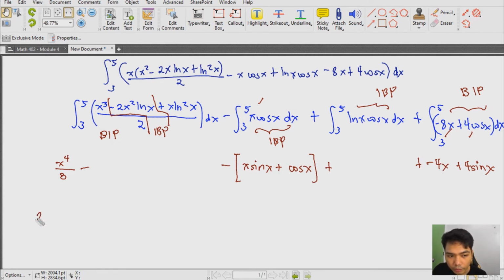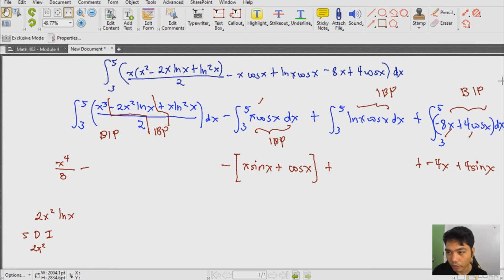So, hindi ko na ipapakita yung another procedure ng 2x squared ln of x. Just use yung inyong SDI table. And pwede mong gamitin dyan is yung derivative is itong 2x squared. And then, you have to expect na yung mangyayari dyan, magkakaroon ulit ng another integration by parts sa part ng integral ng ln of x.